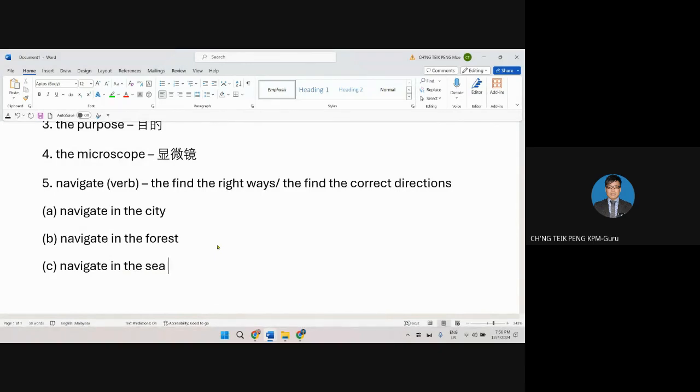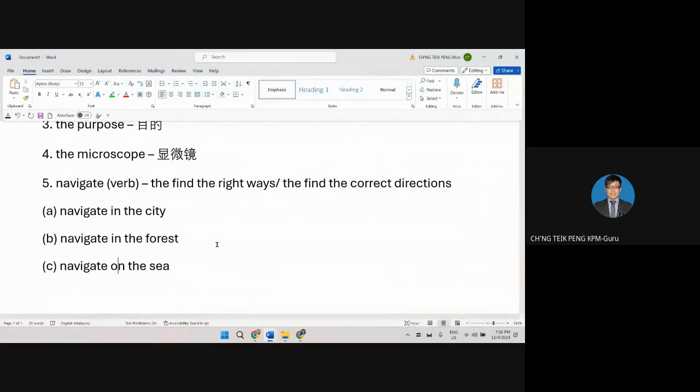Maybe like using a submarine, isn't it? Using a submarine, 潜水艇. So navigate in the city, navigate in the forest, navigate in the sea, or navigate on the sea. As you know, when you take a ship, you will notice that when you go out to the sea, it's a vast expanse of the ocean.